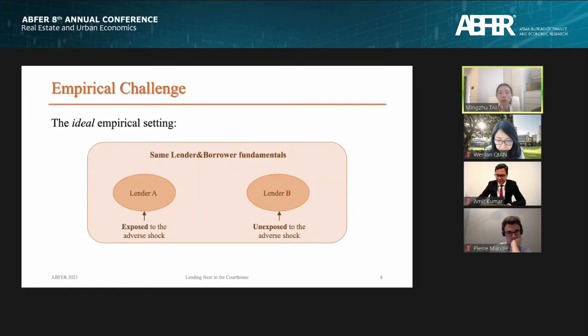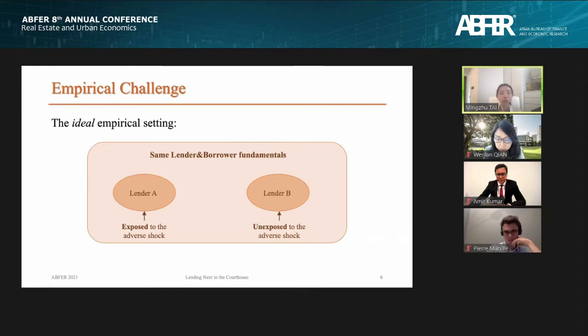But both of these two lenders are experiencing the same economic fundamentals, which means that they are living in the same world that is experiencing the economic downturn or the market shocks. In other words, the lender and the borrower fundamentals should be exactly the same. The only difference is their different exposures, their different awareness about how badly the market is doing.